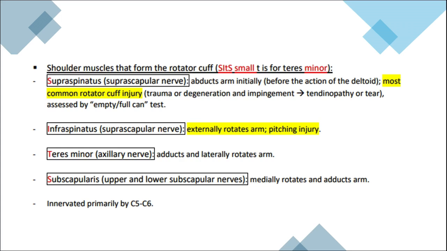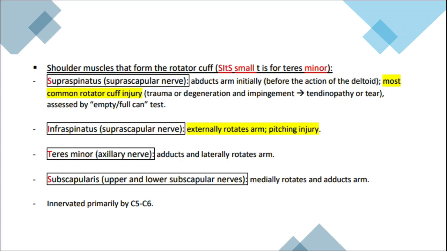Don't forget, it's very important in the medical field. The most common rotatory cuff injury is like trauma or degeneration and impingement, and it can cause tendinopathy or tear. For investigation, we have to do imaging, that is MRI, and it's assessed by special tests, like the empty can test and full can test.